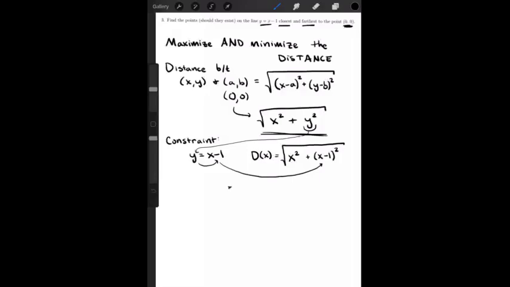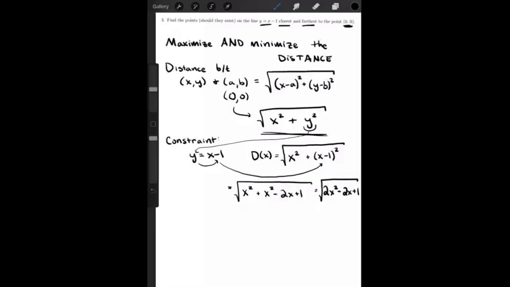All right, now I'd like to simplify that a little bit. So we get this square root equation once we multiply that out and combine like terms.